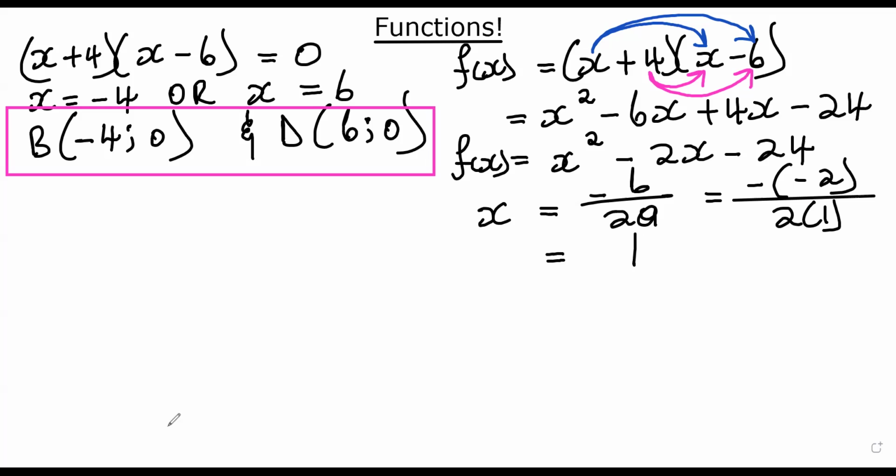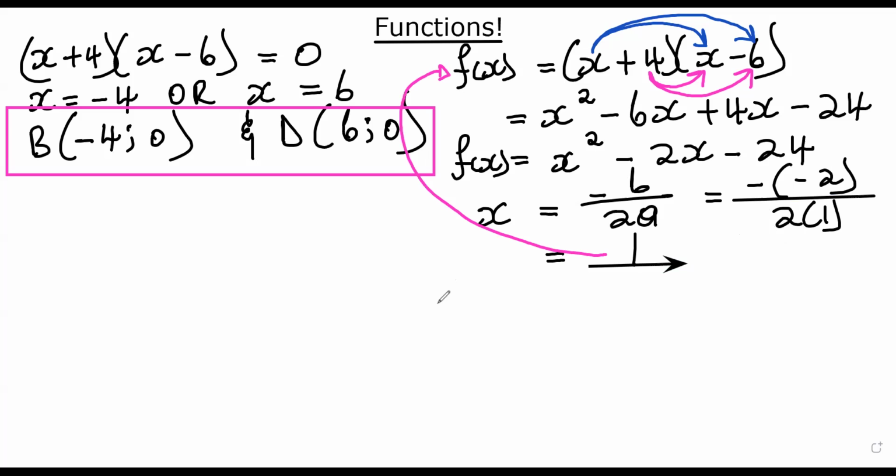So it means the x coordinate of the turning point is going to be 1. So now that you know the x coordinate of the turning point, the next thing you must do is find the y coordinate. How do you find the y coordinate? You substitute this value of x into the function itself.